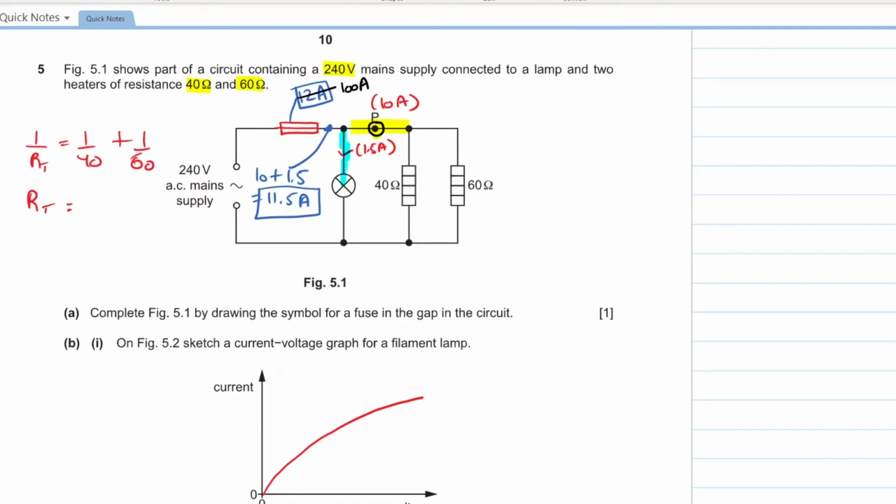Why is that not suitable? Yes, because then the fuse will not melt even when the current is large.